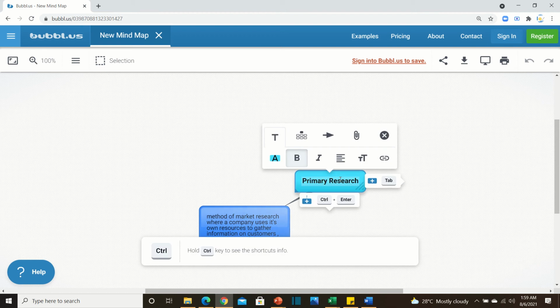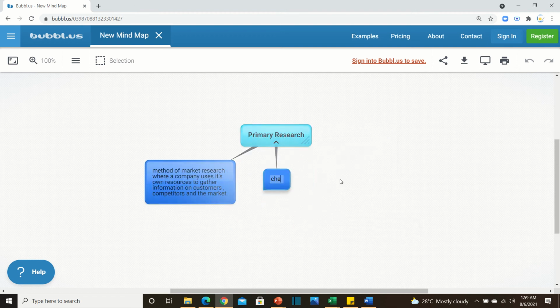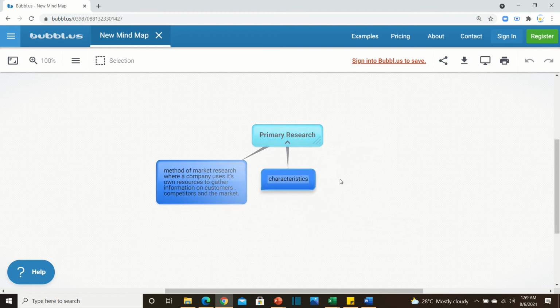So what are the characteristics of primary research?